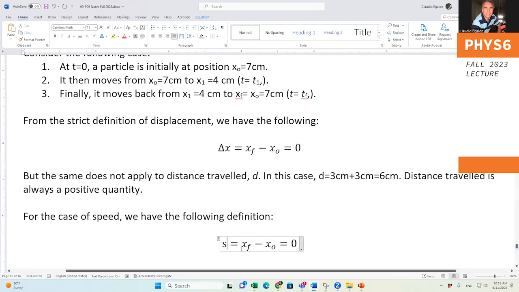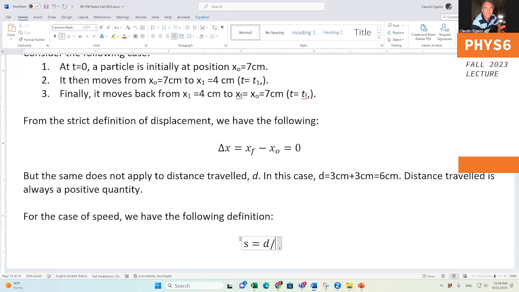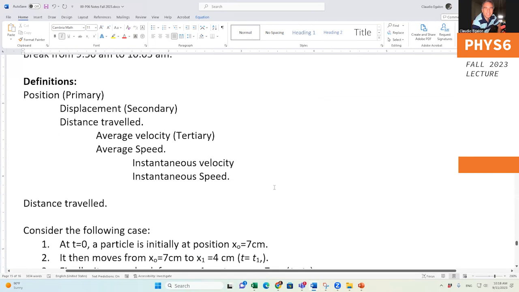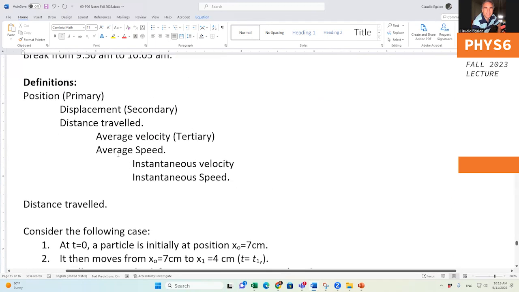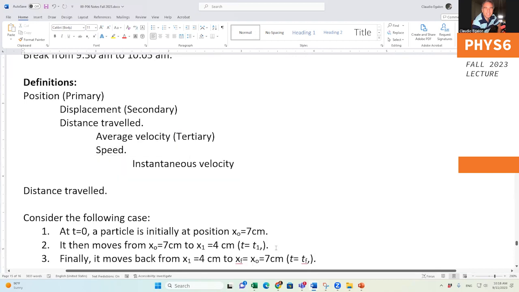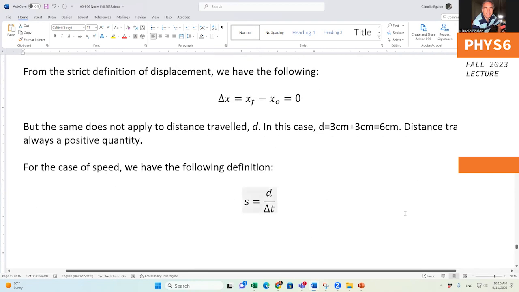Speed, which we usually represent by the letter S, is going to be distance traveled divided by delta t. By the way, we do not have this thing called average speed. We have just this thing called speed. See the difference now?